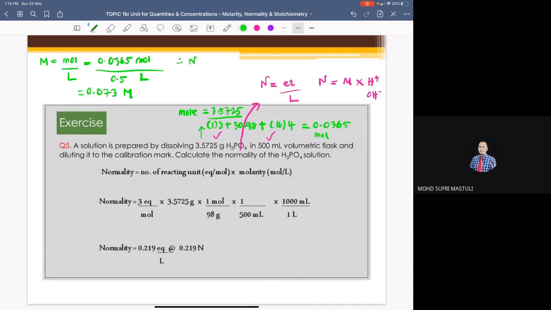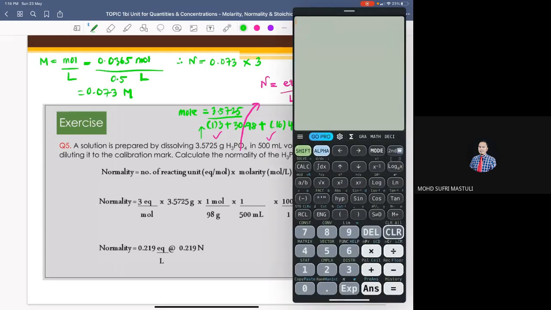So then normality is 0.073 times the number of hydrogen in this formula, which is 3, so times 3. See how we get the same answers? Yeah, we can get the same answers.